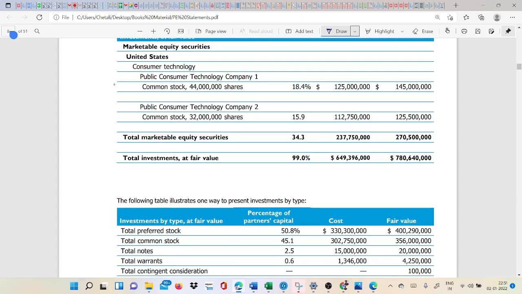Okay, then marketable equity securities, United States consumer technology, public consumer common stock, public consumer common stock, and this is the total, which is around the total marketable equity shares 34% again from the US. And total investment at fair value, which is around 99%. This is the total investment holding, and this is the current market value.